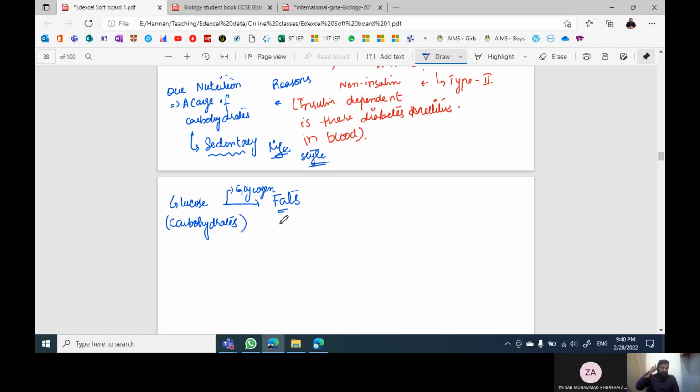Now these fats cause the rejection of glucose by the cells. This is actually the reason. When we have too much fat in our body, in our cells, then our cells start to reject the incoming glucose.